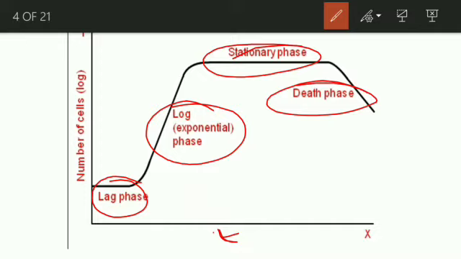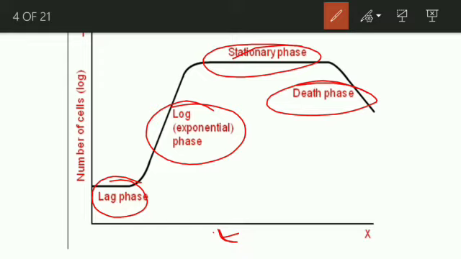In lag phase, you cannot see any increase in the cell number, and in the log phase you will see an exponential increase in the cell number. In stationary phase you won't see any increase in the cell growth. In death phase you can see the decline in the cell number.